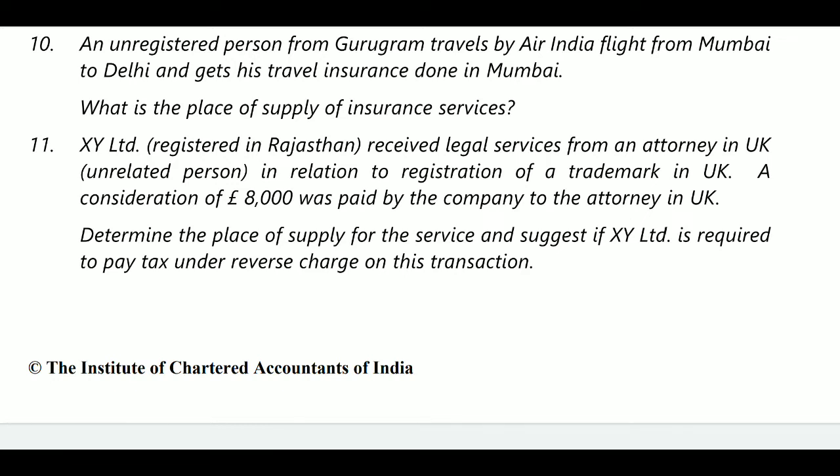Section 13 will be applicable here, because it is a service and one person is located outside India. The location of the supplier will be outside India, and the location of the recipient will be within India, and the recipient is a registered person. A consideration of 8,000 was paid by the company to the attorney in UK.